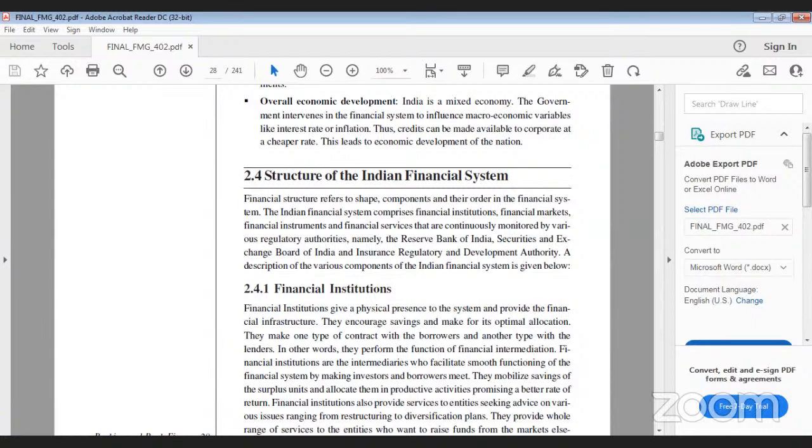The financial institutions also provide services and advice on various issues, from restructuring to diversification plans. They provide a whole range of services to those who want to raise funds from the market.